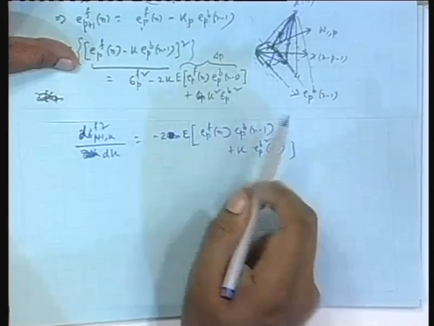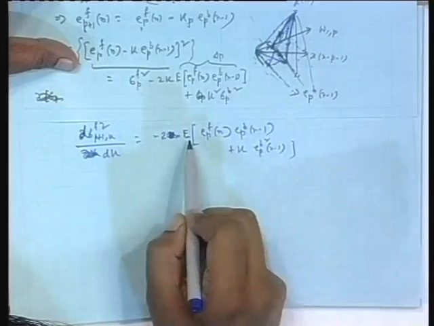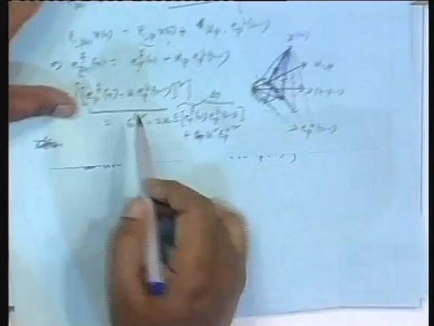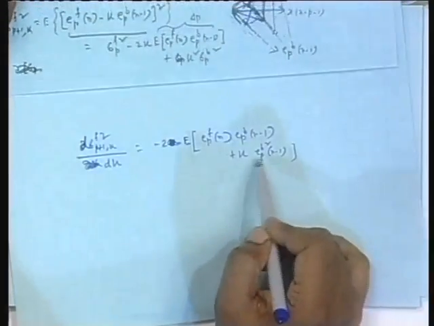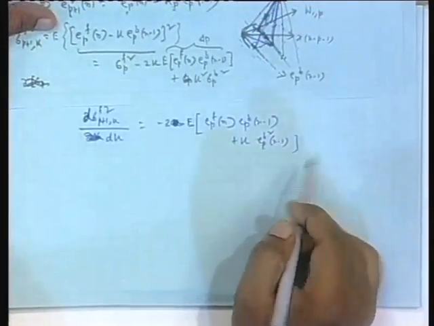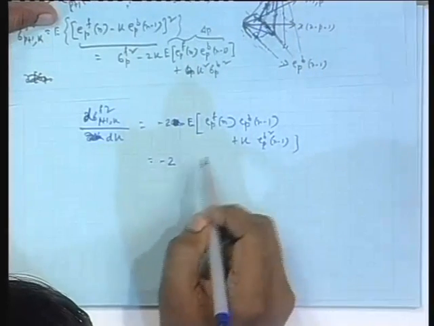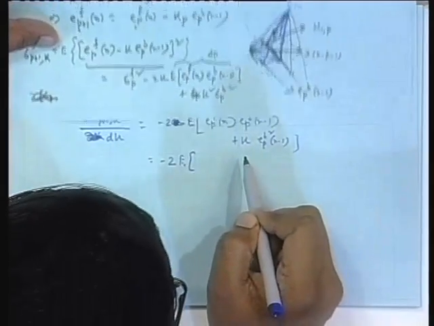Instead of sigma p b square, I am writing E p b n minus 1 square and putting it under E operator. That is fine. This quantity, square it up, and there is E. And then little trick here, 2 E, there is a minus inside, is it?